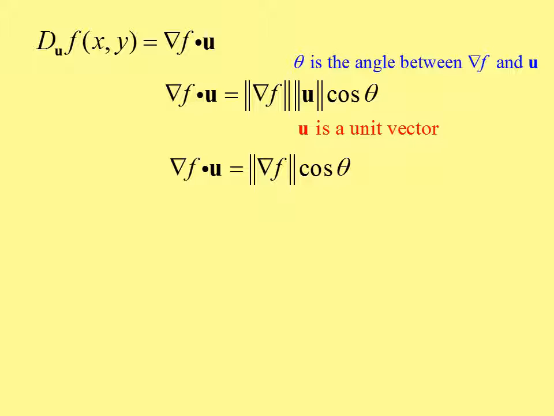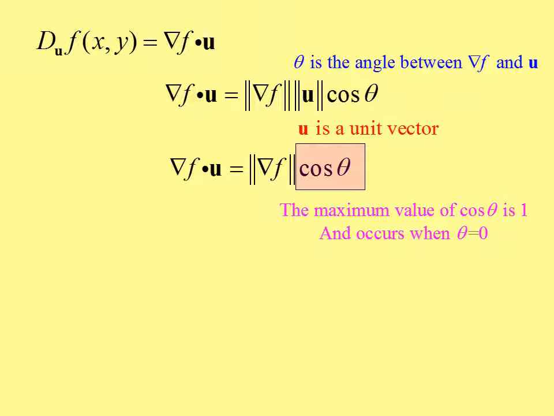And if we take a look at this, notice that cosine theta can only have values between -1 and 1. The largest value of this dot product would occur when the cosine of theta is 1. And so that's kind of a special situation.